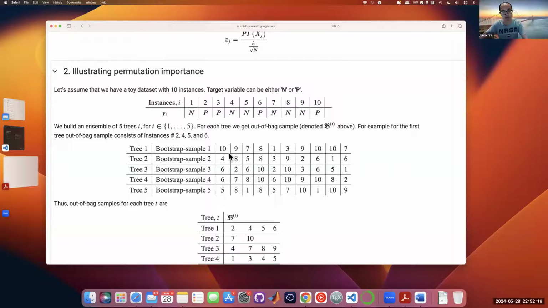You train everything right here, but you test on the out-of-bag examples.